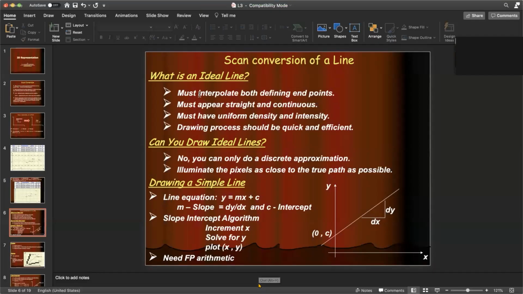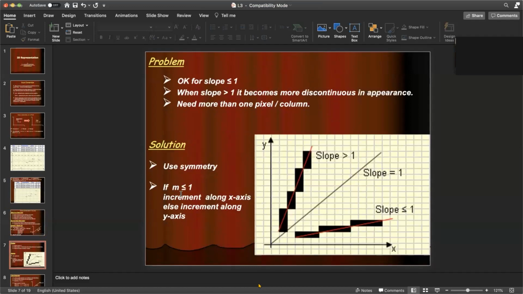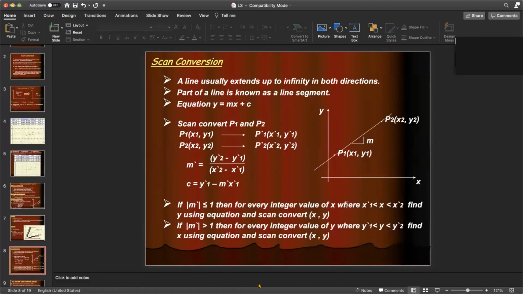Now here we are checking these conditions, and we have seen how the digital differential analysis works when m is less than or equal to 1. We can draw it, but don't try to understand it only from this slide set, because sometimes it may be complex.